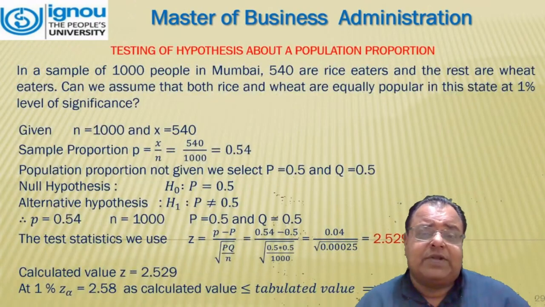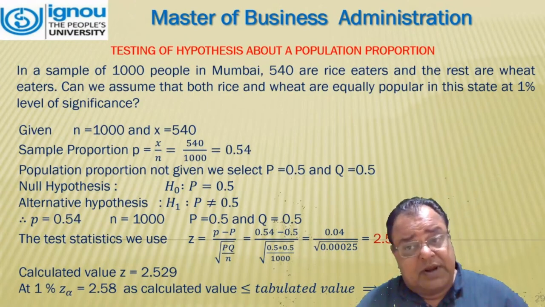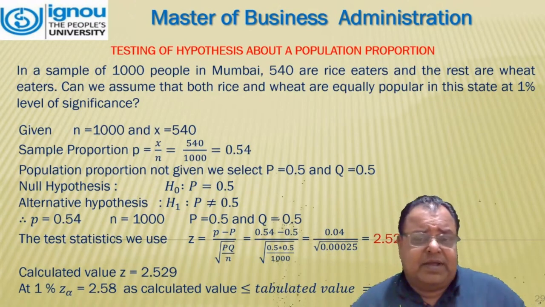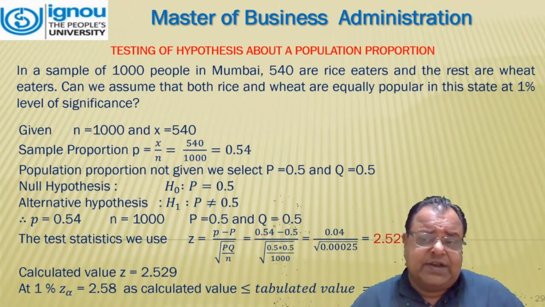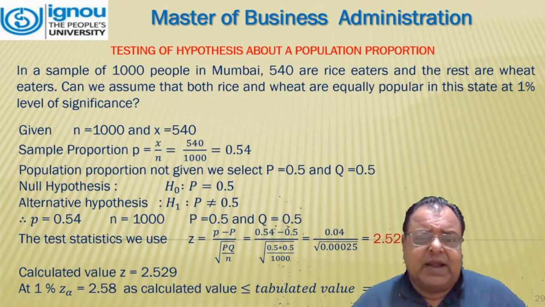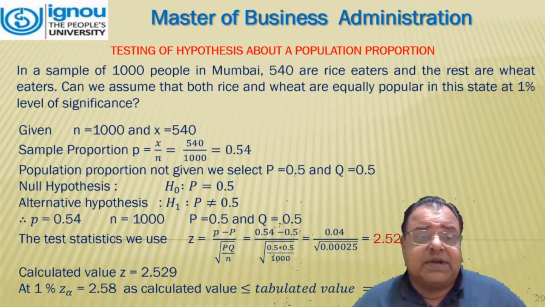Now, this is a problem which is related to testing of hypothesis about a population proportion. In a sample of 1000 people in Mumbai, 540 are rice eaters and the rest are wheat eaters. Can we assume that both rice and wheat are equally popular in this state at 1% level of significance?